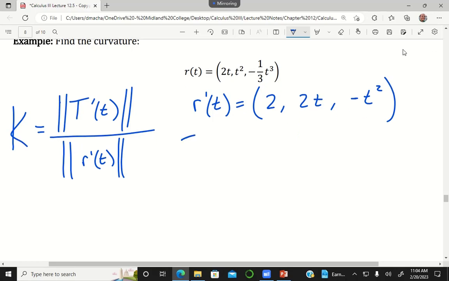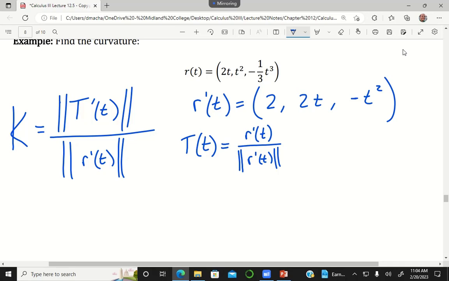Now the formula for this capital T, remember capital T is the unit tangent vector. So that's going to be this r prime of t vector divided by the norm of the r prime of t vector, right? So remember r prime of t, that derivative is tangent to the curve r of t.